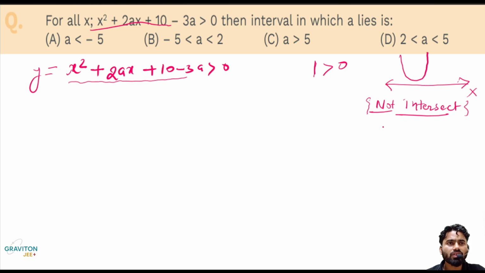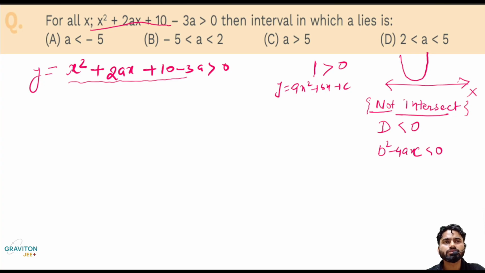So if it has no real root, then what is the condition? Discriminant should be negative. And what is the discriminant? b square minus 4ac less than 0 for the quadratic expression ax square plus bx plus c. So from here, what we have to calculate? b square minus 4ac negative.